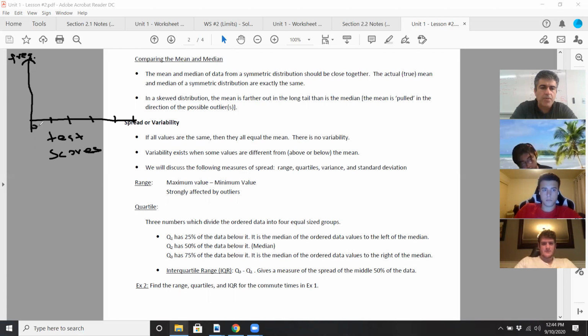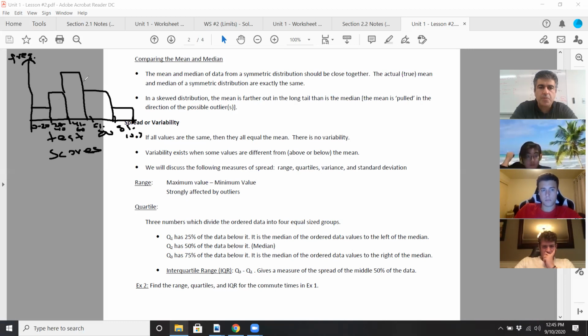So those that score from like 0 to 20, 21 to 40, 41 to 60, 61 to 80, and of course 81 to 100. And this would be an example of a symmetric distribution.